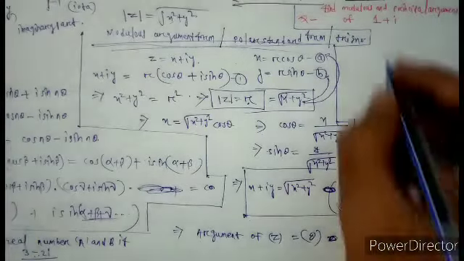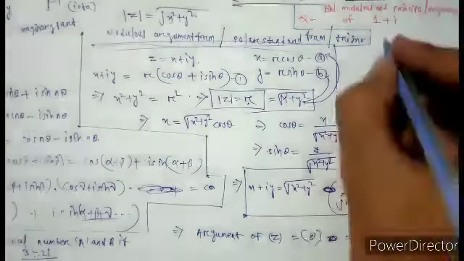So the solution: we know that we have to find the principal argument theta and the modulus of z. Simply we can write 1 plus i is equal to r(cos theta plus i sin theta).